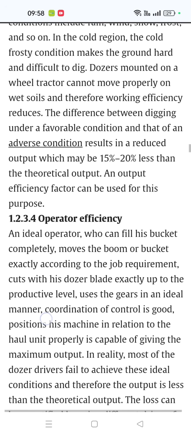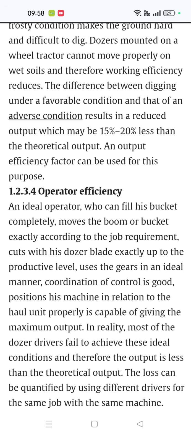An output efficiency factor can be used for this purpose.